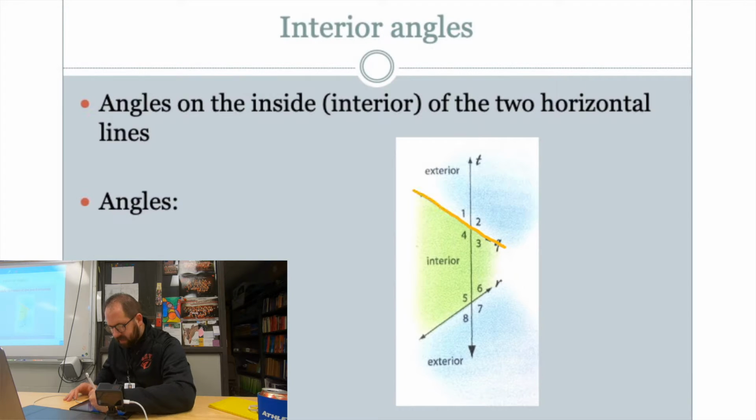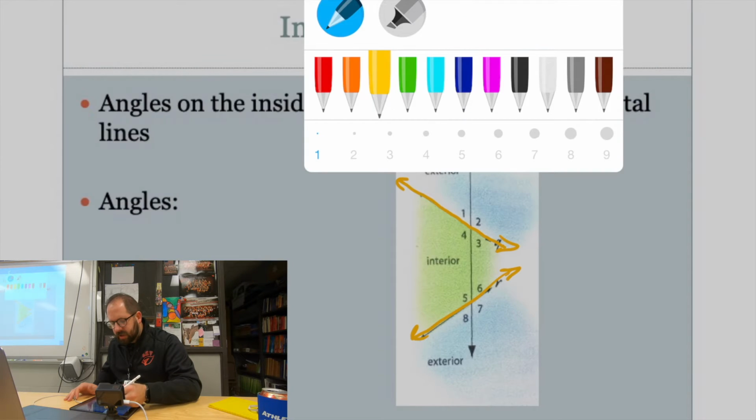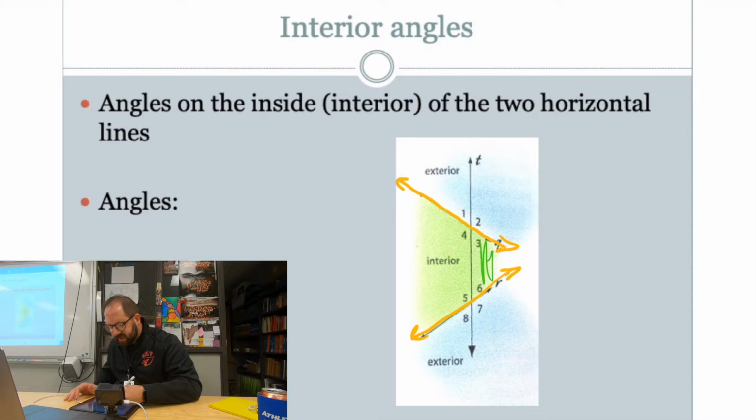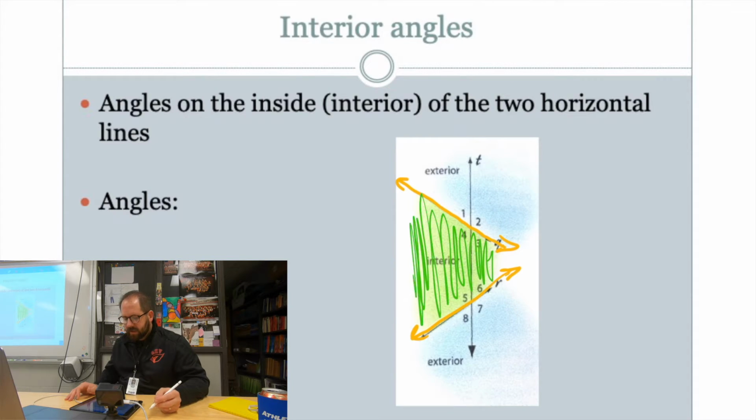We have a line going this direction, we have a line going this way, and you have that transversal going down through them. This area in between, which is highlighted here, is the interior. So if I wanted to pick interior angles, you pick the angles that are sandwiched in between two lines. It's like a sandwich, right? It's the inside, the interior of the sandwich. That's the idea of the interior angles.